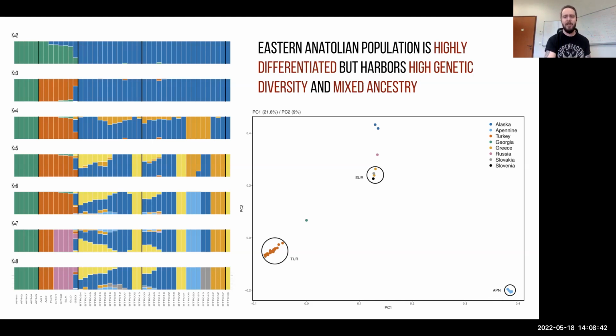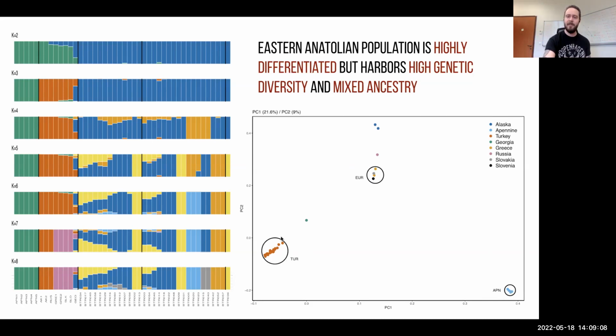They're a very small population, with a very small effective population size. There's a huge amount of genetic drift, so they're very low in genetic diversity, and they're very distinct from European bears. Here we see European bears, here we see bears from Alaska, and here we see bears from Russia. But the most interesting part is that the Eastern Turkish bears are nearly as different from European bears as these Apennine bears.